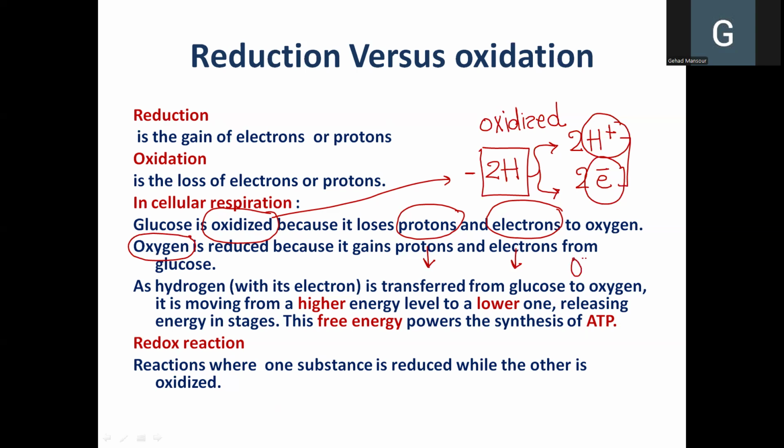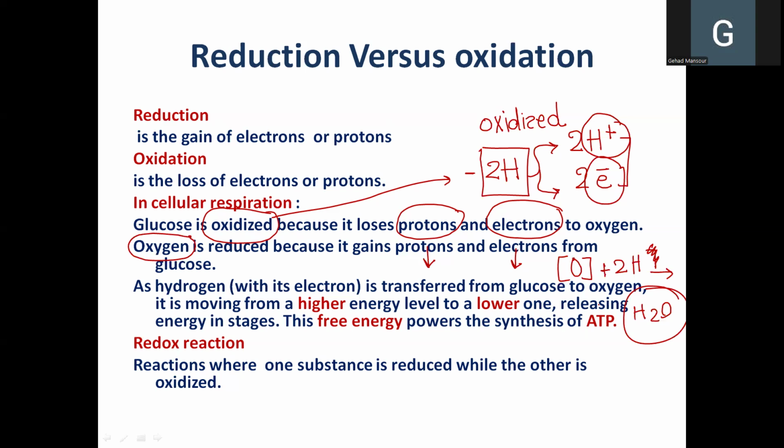So one oxygen atom will accept those two hydrogen atoms to form one molecule of water. And that's why it's true that oxygen is a final acceptor of electrons, but actually it's also a final acceptor of the associated protons. And the combination of all this will result in the formation of water.